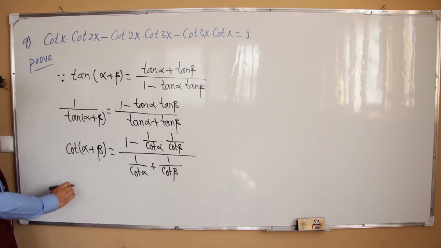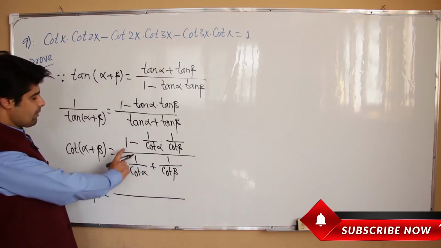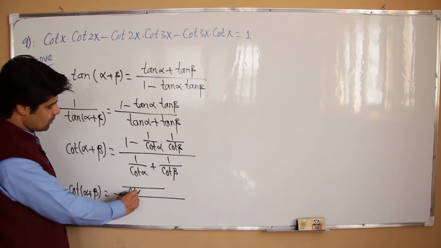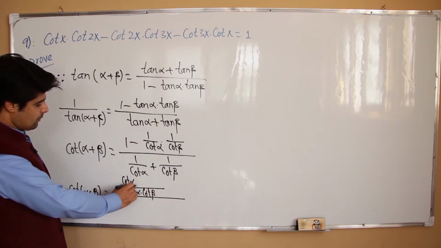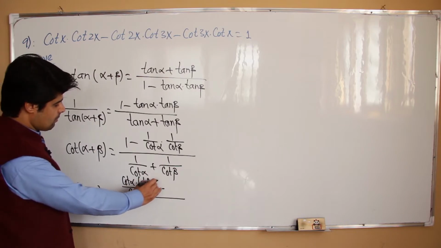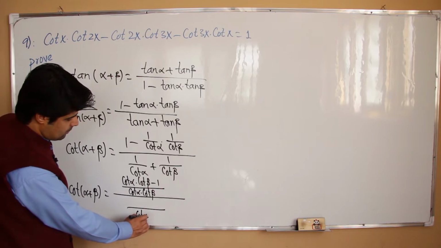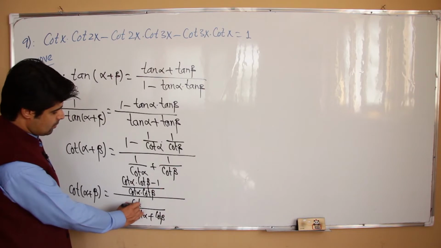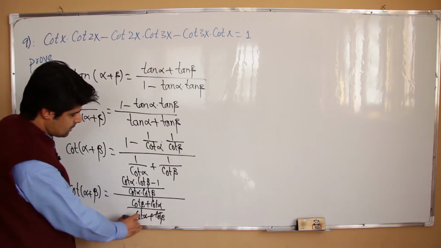So cotangent of alpha plus beta is equal to, now take the common factor in numerator and denominator. What is your factor? Cotangent of alpha times cotangent of beta. Here it would be cotangent of alpha times cotangent of beta minus 1, and here we have cotangent of beta plus cotangent of alpha, and this is cancelled.